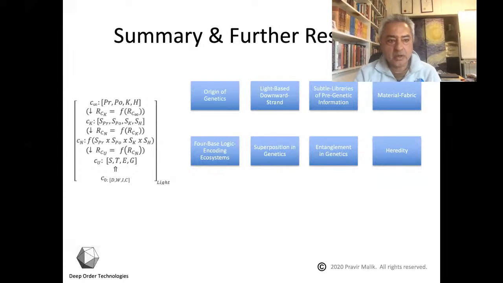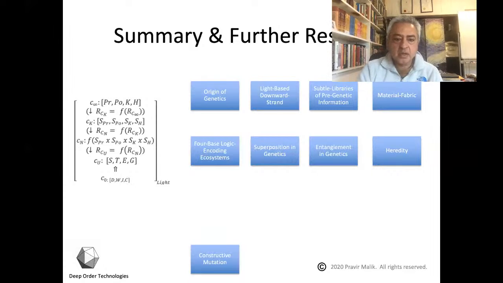When we think about heredity, then also we can see that in this notion, when we particularly look at this layer of CN, then there's a number of seeds that already exist. So you can think about a seed for a particular species, and then that diversifying into a larger number of very diverse seeds. But the point being that the function is already determined in these seeds, and that's the basis of heredity.